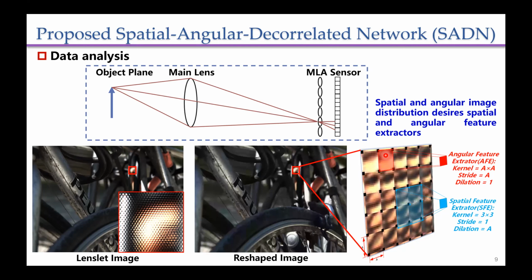In each micro image, the pixels correspond to the angular information of the rays, so we need an angular feature extractor. The collocated pixel positions in different micro images generally correspond to different object points at the same angular direction, so we need a spatial feature extractor as well.